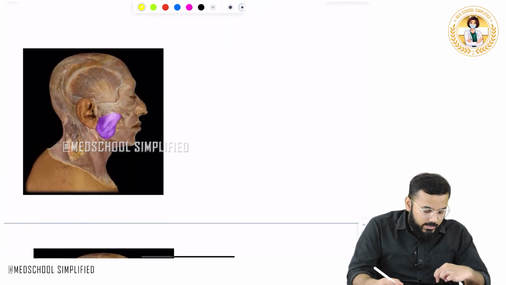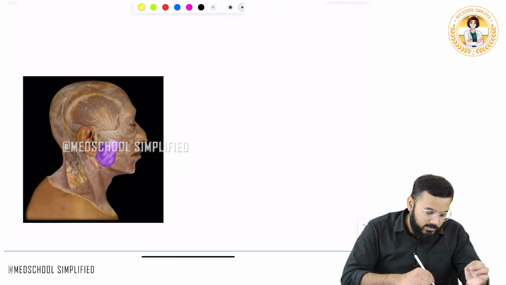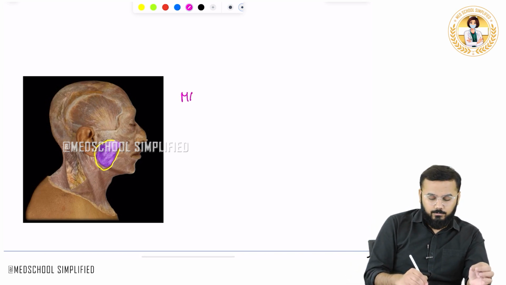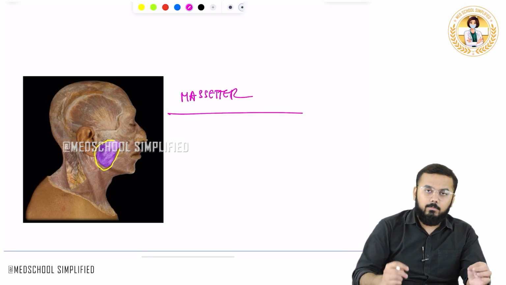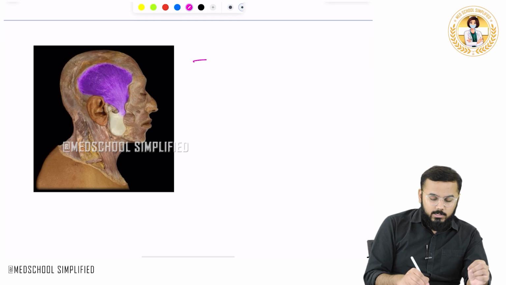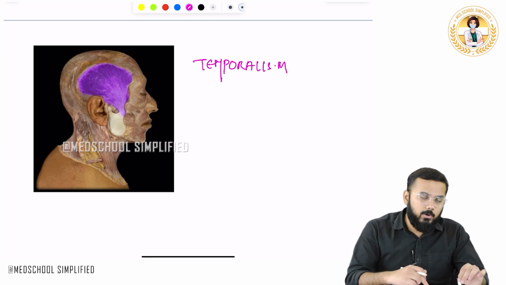What is this muscle over here? This muscle which you can see over here, this is called as your masseter muscle. Okay. Next, after masseter, what is this muscle again? You know this. This is your temporalis muscle. So one is your masseter muscle and the other one is your temporalis muscle.